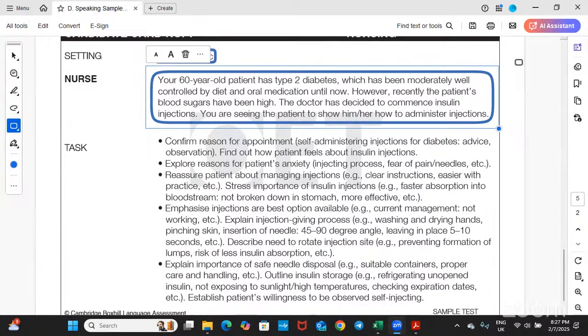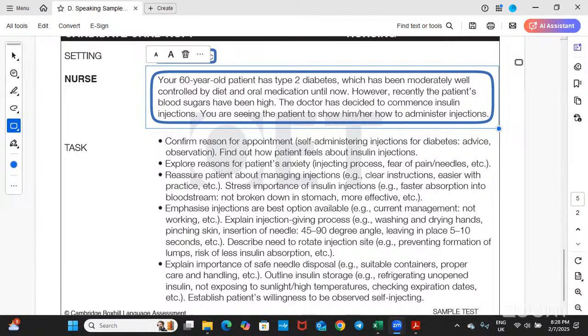So the doctor recommended a different plan. So there's a change in the plan. Earlier medication and diabetes diet, but now that is not ample, that is not sufficient. So the doctor is changing the treatment plan. Now this oral medication will not suffice.